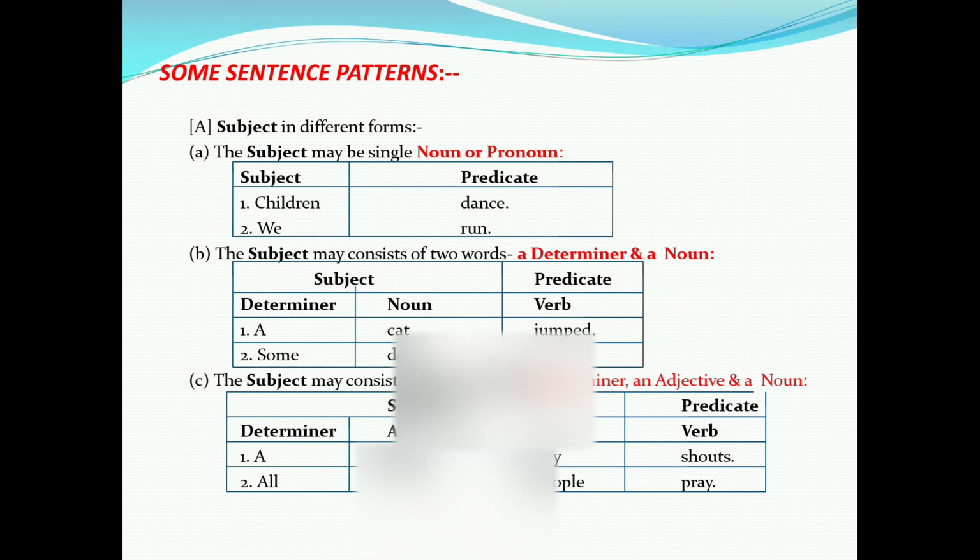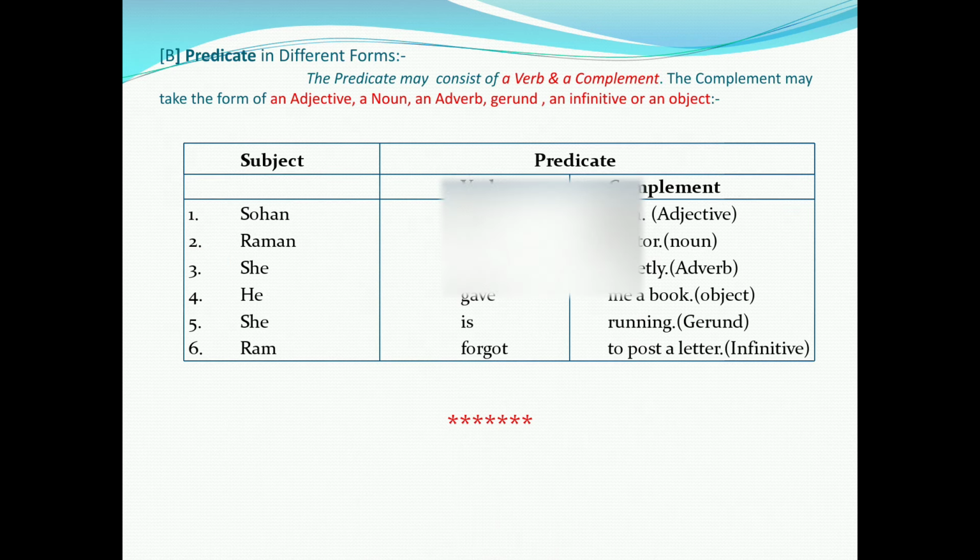Now let's discuss the predicate in different forms. The predicate may consist of a verb and a complement. Here, complement may take the form of an adjective, a noun, an adverb, a gerund, an infinitive or an object. Let's take an example.